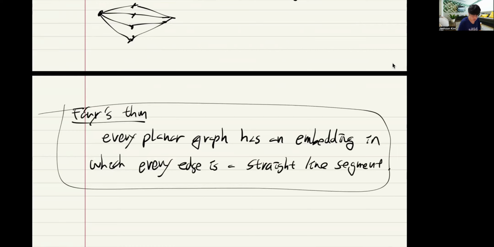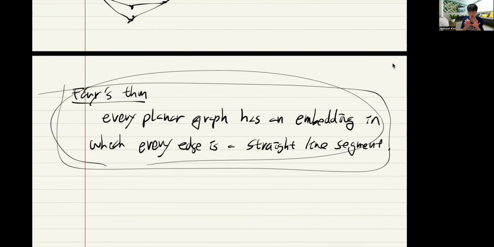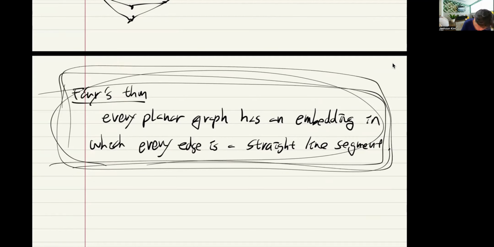The main idea is that you consider the triangulation of this planar graph. Here, triangulation means you add edges so that all the faces become triangles. And if you have an embedding of that, then you obtain an embedding of the original one. And then you can use the fact that all planar graphs are 5-degenerate, so there is a vertex with degree at most 5. And you can think about it more. It's not too difficult. Anyway, we know that such an embedding exists.